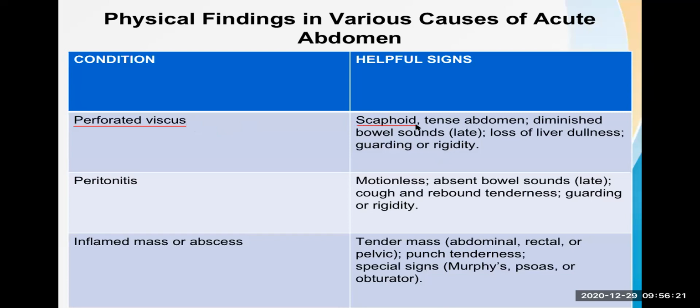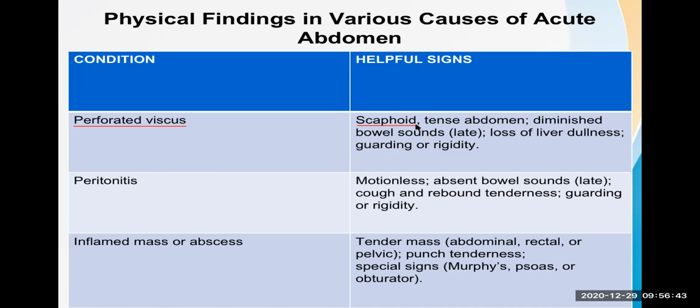So the reason probably is that the contents of the GI tract have leaked outside, especially the gas. The gas has leaked outside into the peritoneal cavity. So the intestinal distension or the distension of the GI tract has decreased.